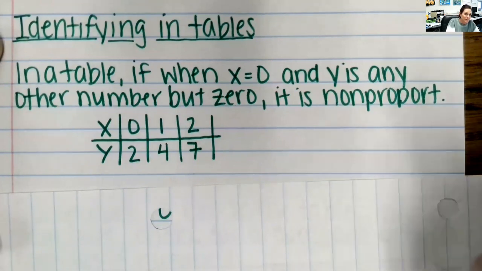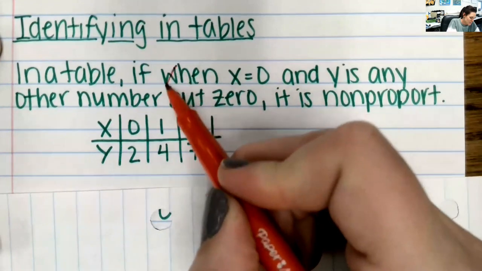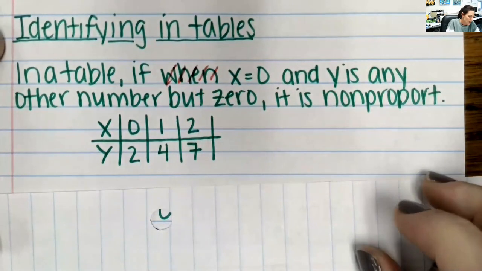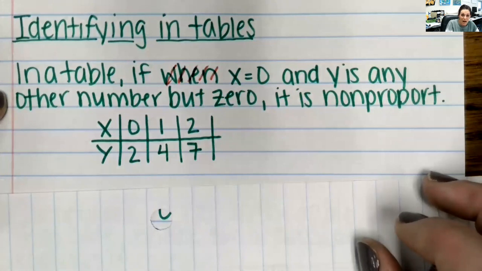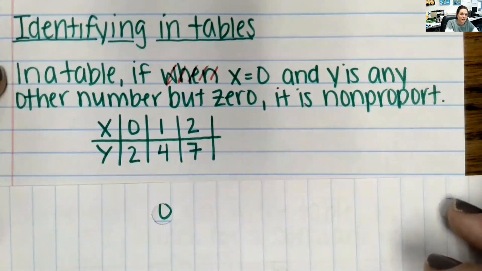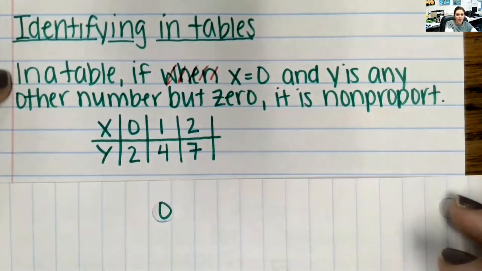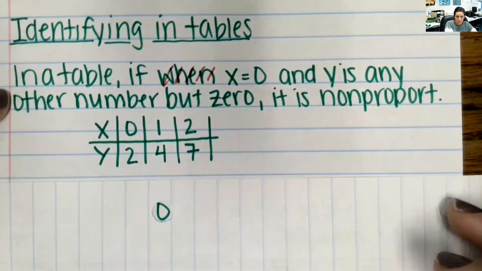In a table, if X equals 0 and Y is any other number but 0, it is non-proportional.